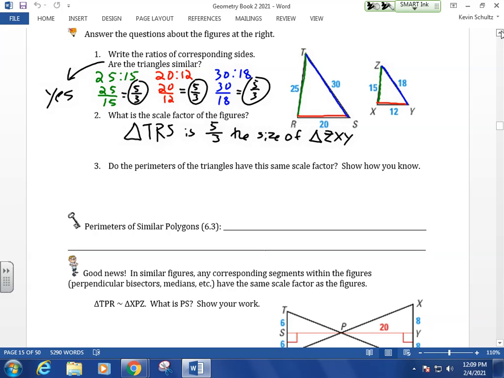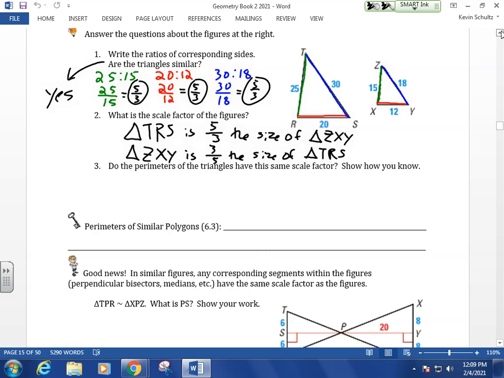Or we could also say, if we start with triangle ZXY, that being the smaller triangle, ZXY is 3/5 the size of triangle TRS. So it kind of depends on which one that you start with. If you're starting with the smaller one, it's 3/5 the size. If you start with a larger one, it's 5/3 the size. Both are acceptable to say. You just need to make sure that you're being clear with which triangle you are starting with.